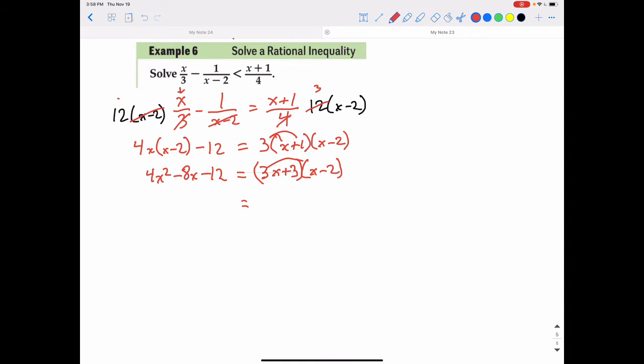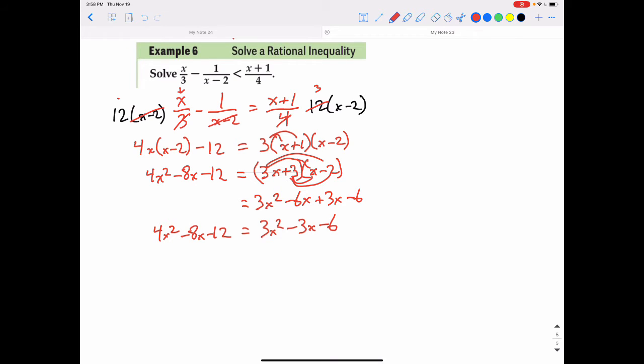So that will give me 3x squared, 3x times negative 2 is negative 6x, plus 3x, minus 6, or 3x squared minus 3x minus 6. And on the left side, I've got 4x squared minus 8x minus 12.